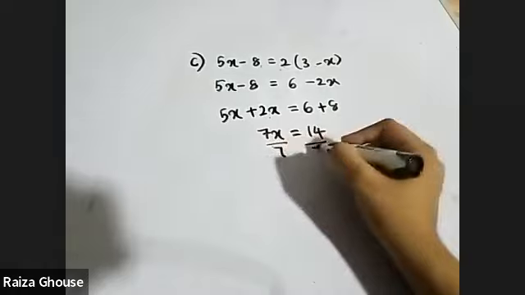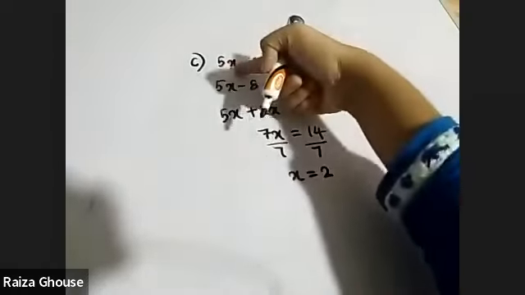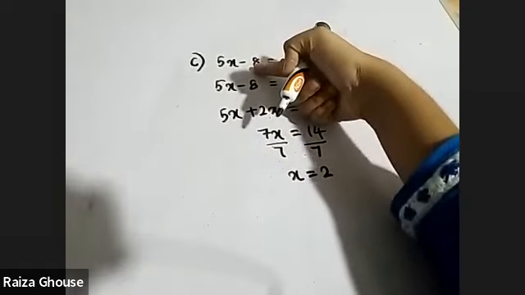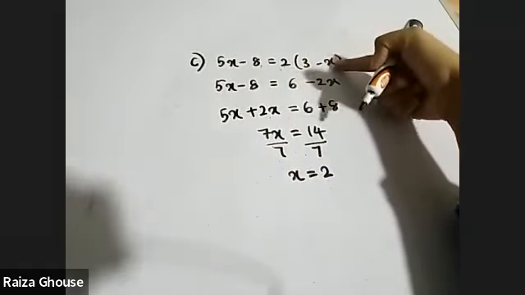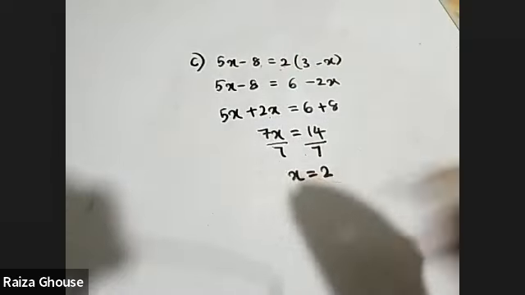Dividing both sides by 7, x is equal to 2. You can see 5 into 2 is 10, 10 minus 8 is 2. 3 minus 2 is 1, 2 into 1 is 2. 2 equals 2, my answer is correct.